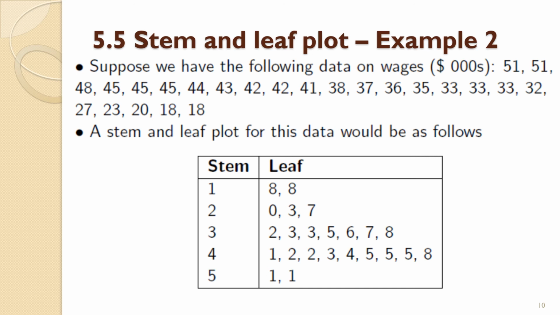The stem is always the big bit, the leaf is the small bit, so the easiest way to present this data would be to use the stem for the tens of dollars and the leaf to represent the units. Once you construct the stem and leaf plot, again you get a sense of the shape of the whole sample and of how the data is distributed within each subcategory.